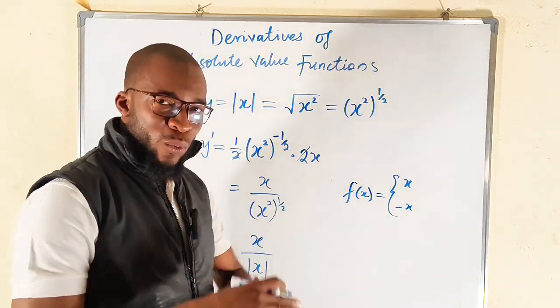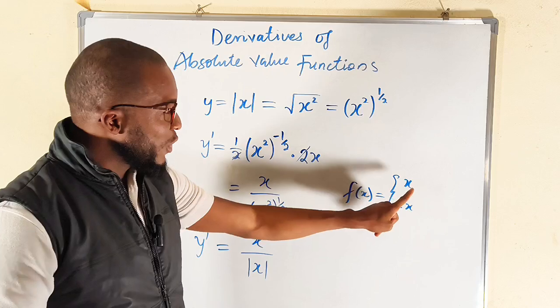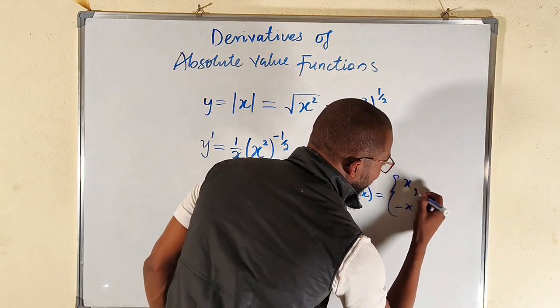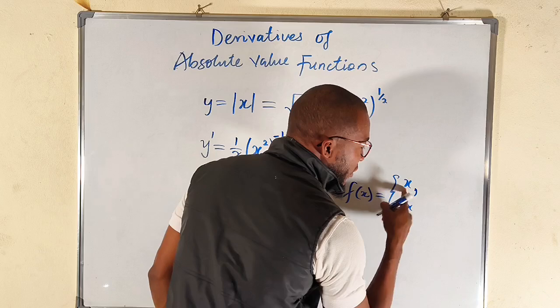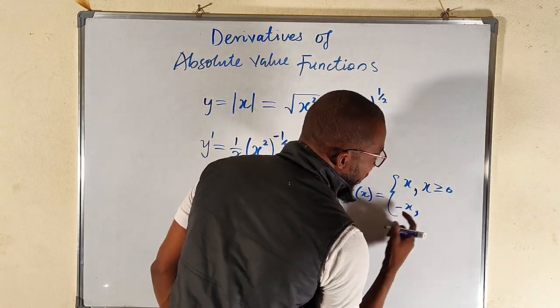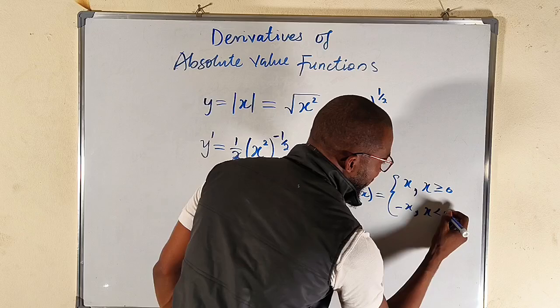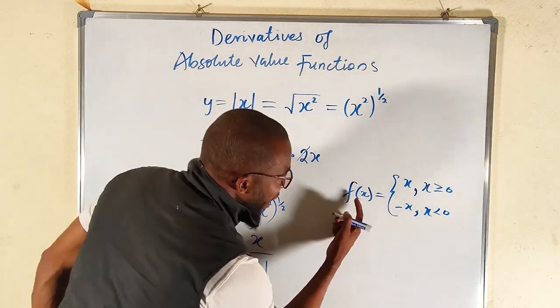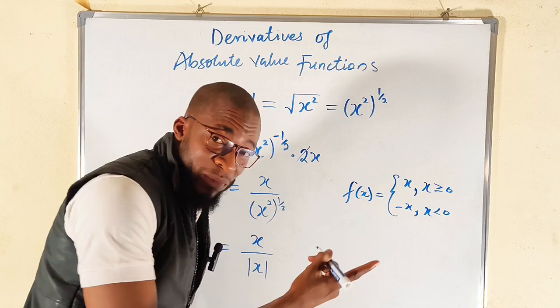So x is a variable, we don't know what it is. It could be x or negative x. If it is positive, x is greater than or equal to 0, or when it is negative, x must be less than 0, right? So you can see that if you are to differentiate, this is the second method.